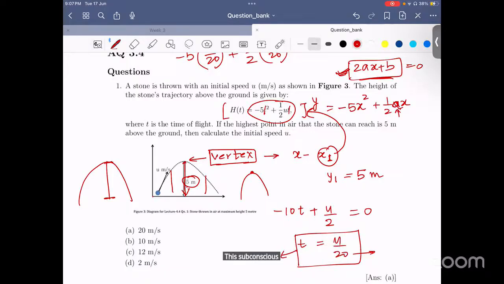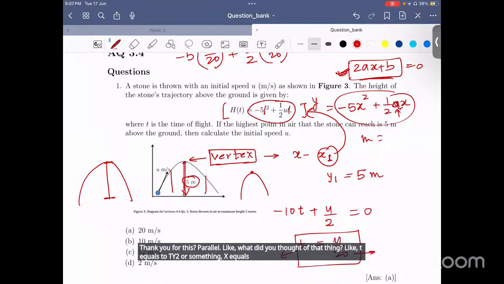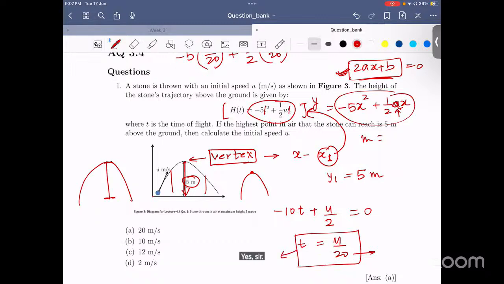Now it has been given the function of this parabola. What did you think of that thing? Like t equals t by 2, x equals x by 2? No, right? Are you able to understand what I'm trying to say? You don't think of it in the form of initial value or final value.